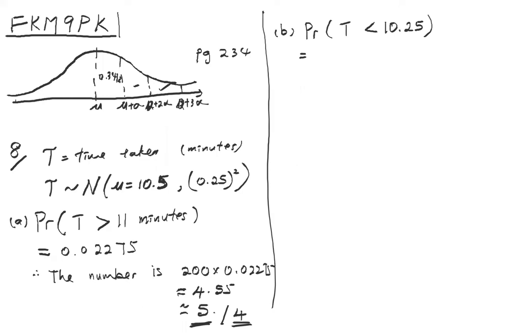You know how to type in, right? Negative 10 to the power of 99, that is the lower. Upper is 10.25. Mean the same. Standard deviation the same.